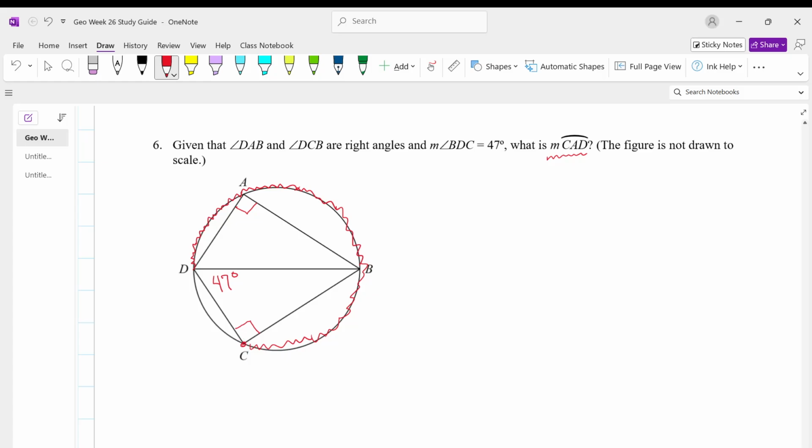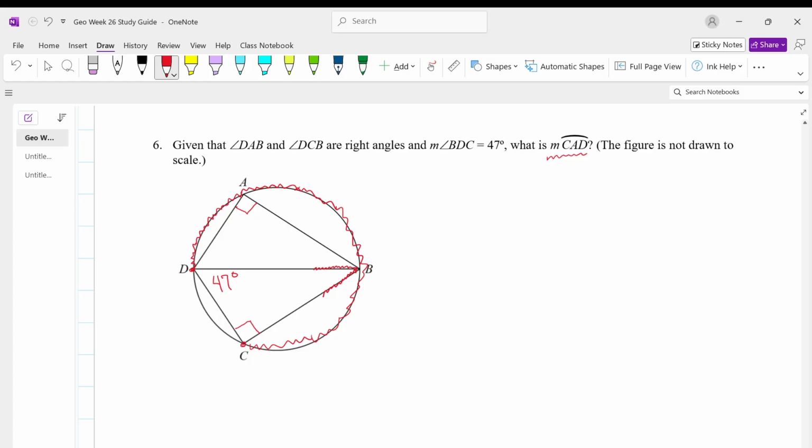Well, if we started at C and ended at D, wouldn't this arc right here be equal to 2 times this inscribed angle?